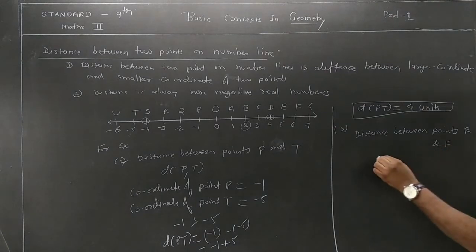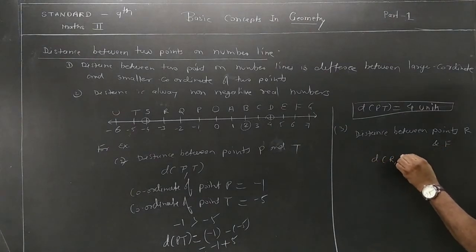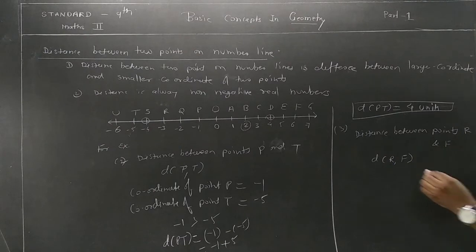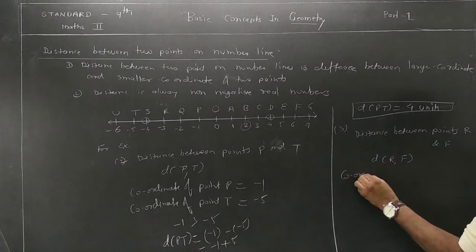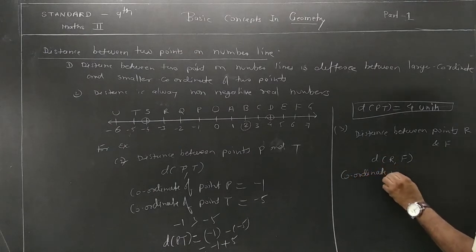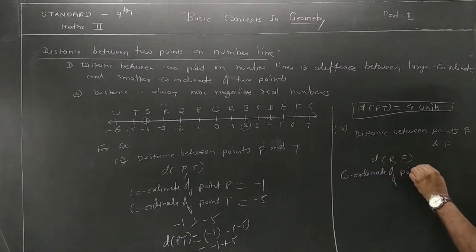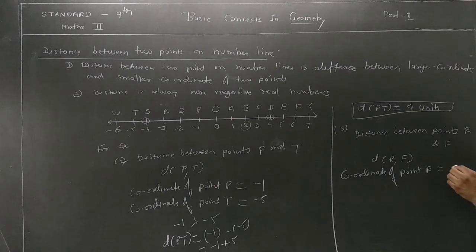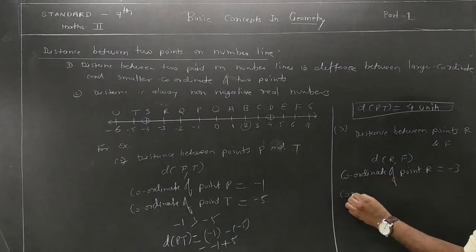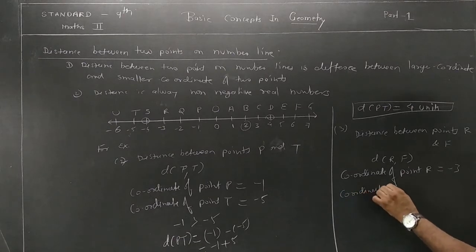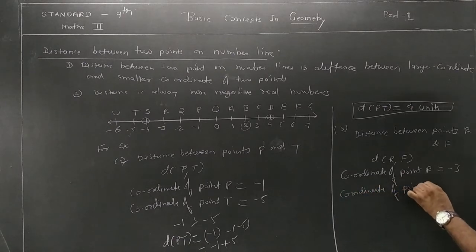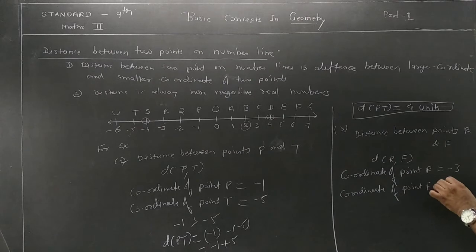So that is distance RF. So what can I write then? Coordinate of point R is how much? -3 is there. Coordinate of point F is 5.